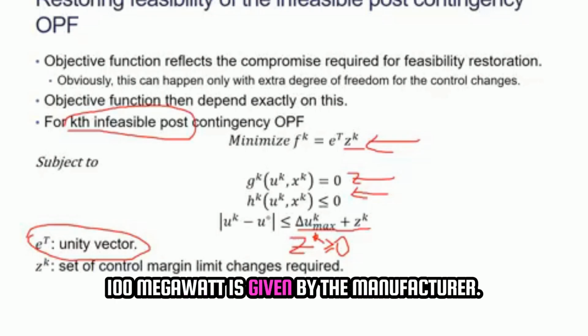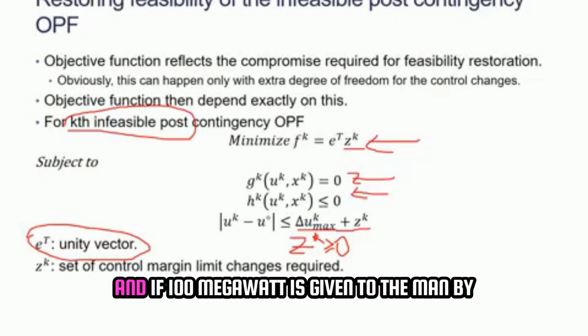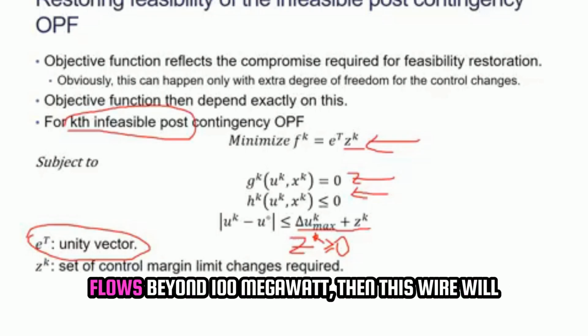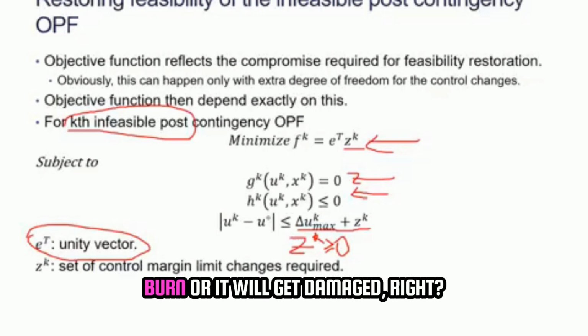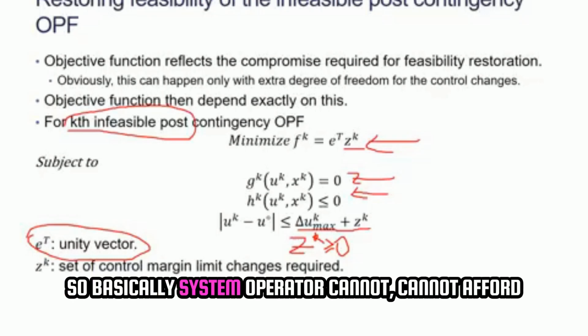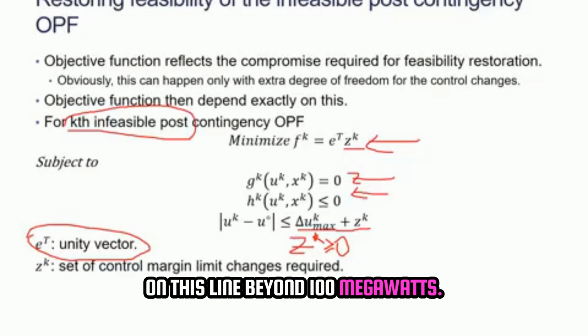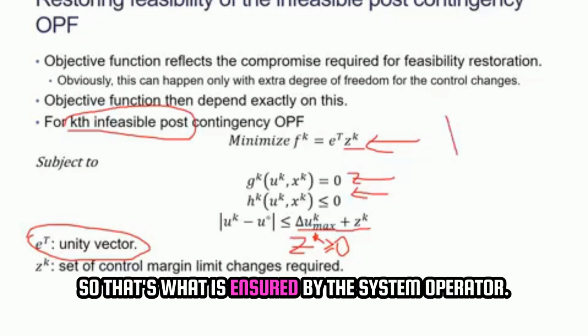If 100 megawatt is given by the manufacturer, that means if power flows beyond 100 megawatt, then this wire will burn or get damaged, right? So the system operator cannot afford to allow power to flow on this line beyond 100 megawatts. That's what is ensured by the system operator.